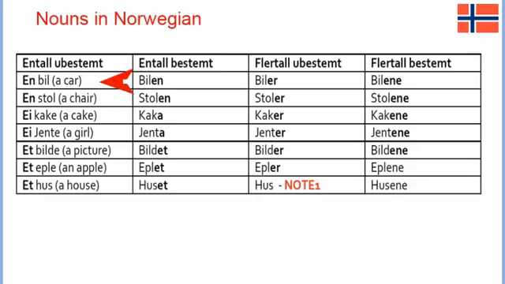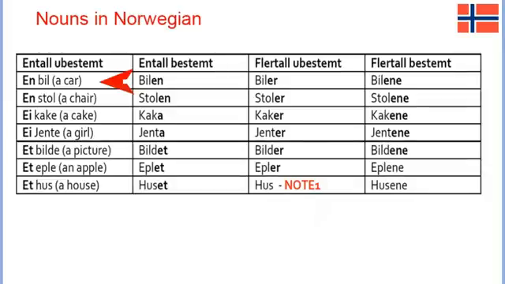Okay, so if we start with Norwegian nouns, which are separated into 3 genders. The first 2, male and female, which we go through first, are similar in many ways. First the male.